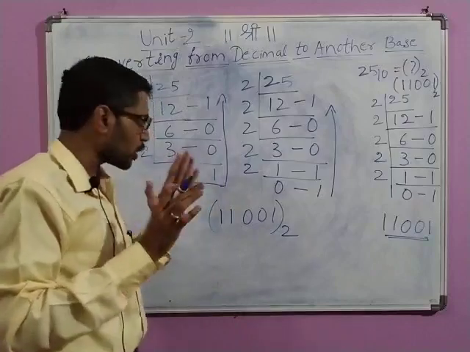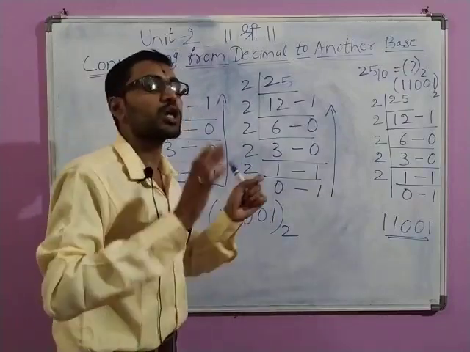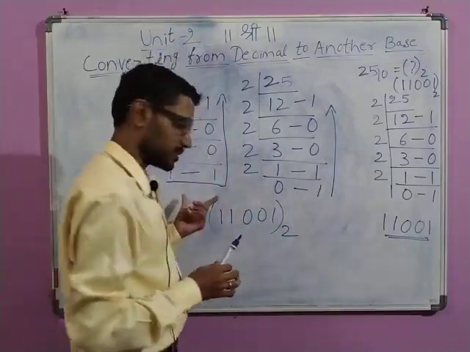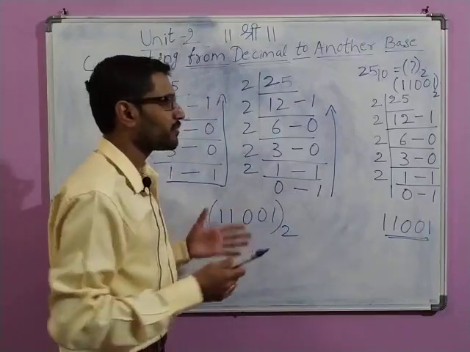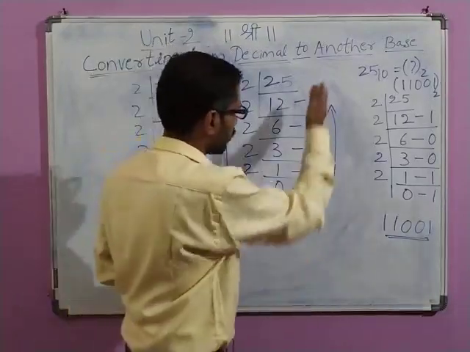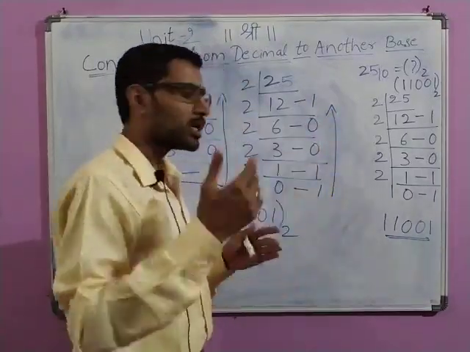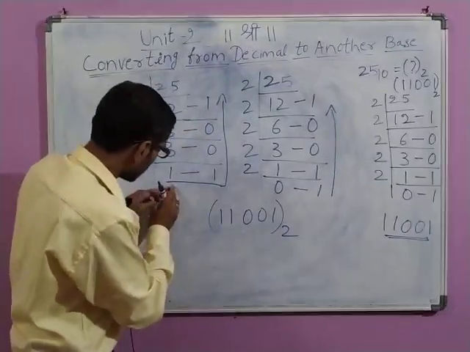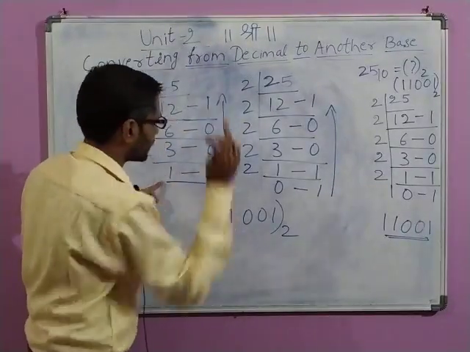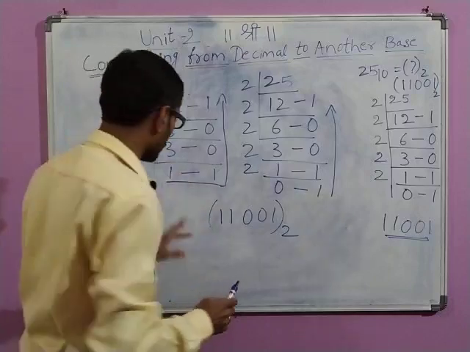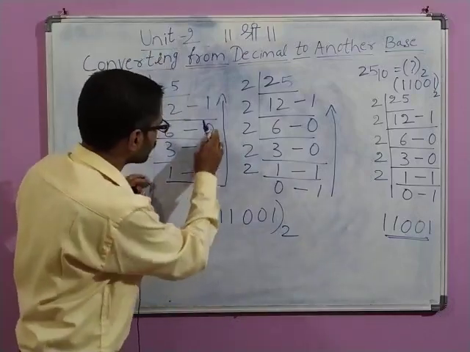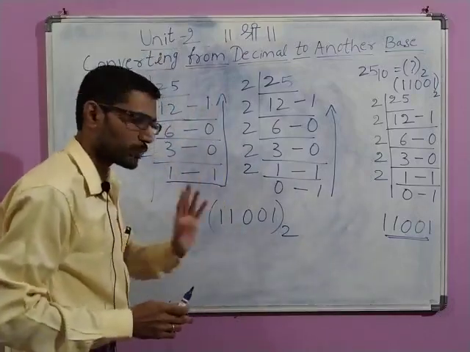This arrow mark is also not actually required. Since you are in the beginning stage, I am telling you this. Once you are comfortable with this, no need to write the arrow mark and other things. It is just for your comfort. So, take from this and go on writing this. So, it will be easy for you. So, 1 1 0 0 1. So, again the answer is going to be the same.